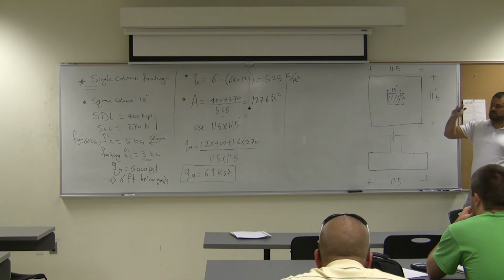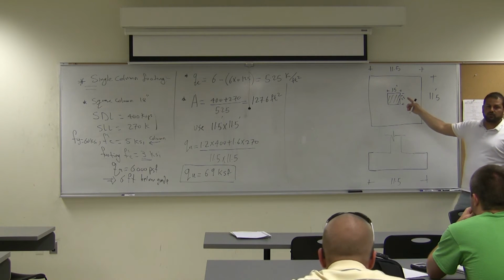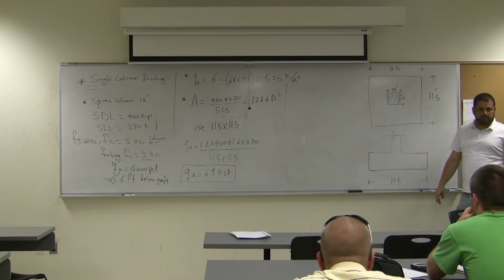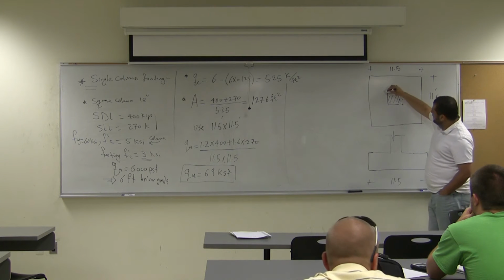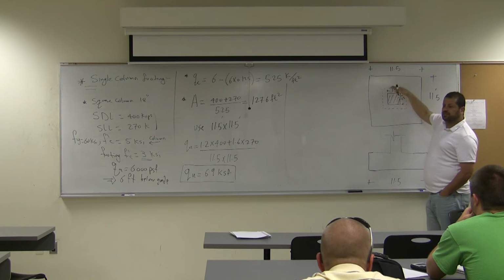We said there are 2 types of shear in single footings. There's something called punching shear, and there's something called one-way shear or beam shear. The punching shear is an area along this area, which is D over 2 from the face of the column all around.